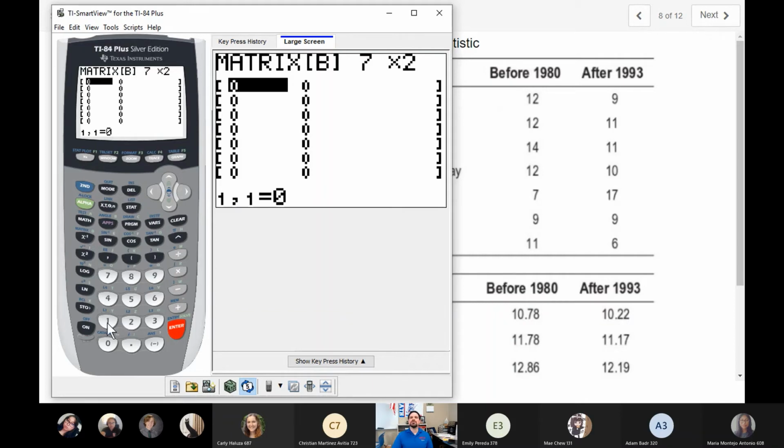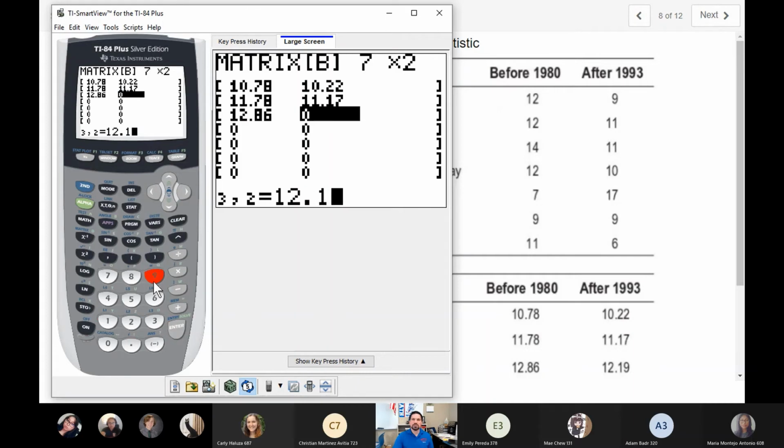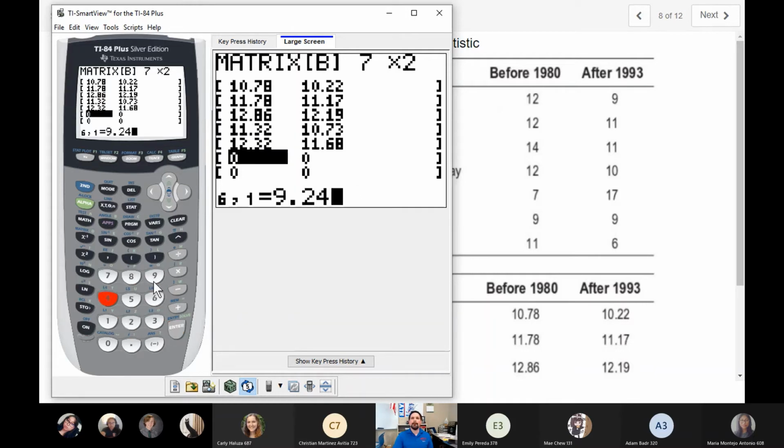10.78, 10.22, 11.78, 11.17, 12.86, 12.19, 11.32, 10.73, 12.32, 11.68, 9.24, 8.76, 8.7, and 8.25.